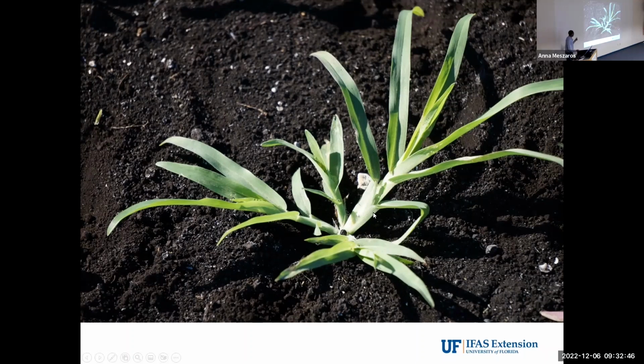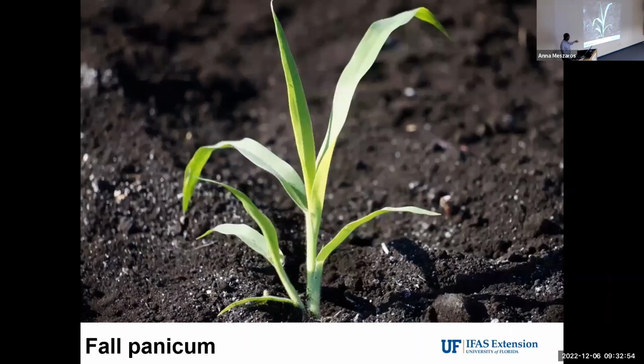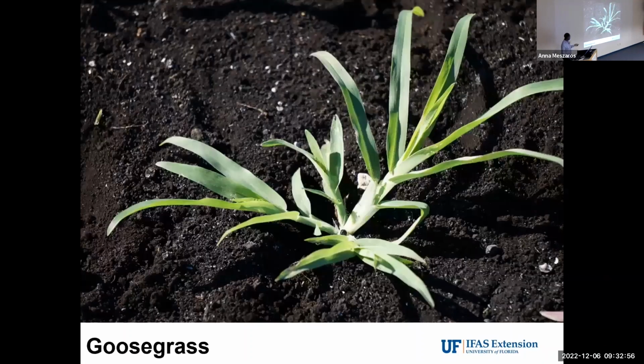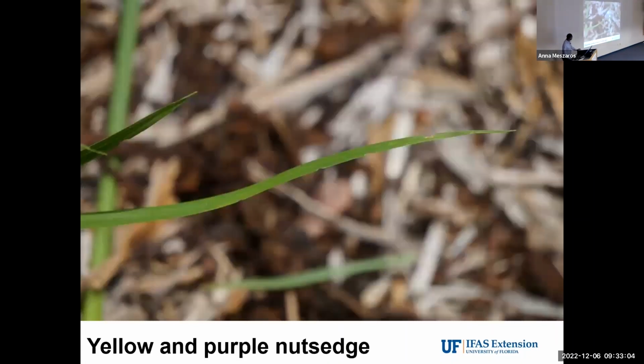Yeah, the stem is going to be very flat, and if you open up the leaf, the ligule will be membranous. So I would say fall panicum and goosegrass are the ones you typically find in the fields. There are other grasses too, but fall panicum would be the most problematic to control.